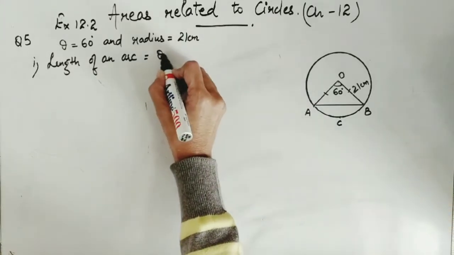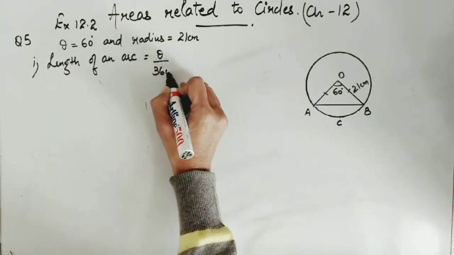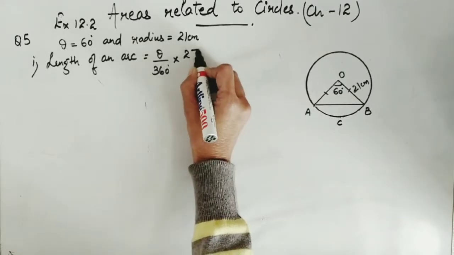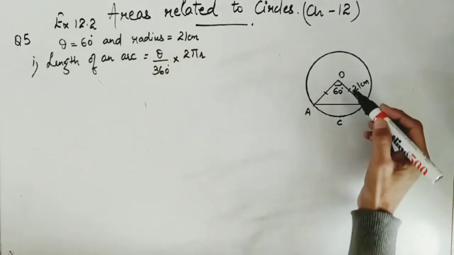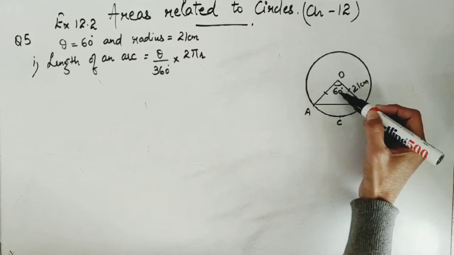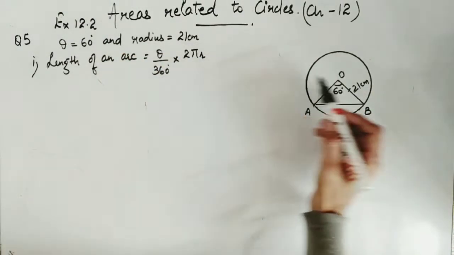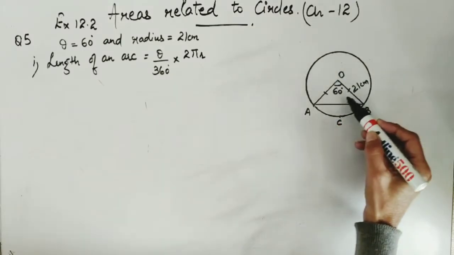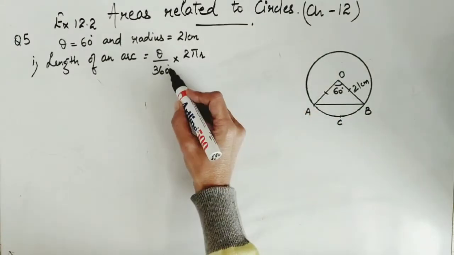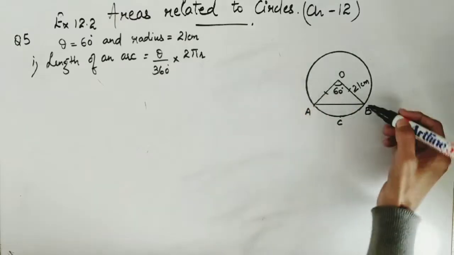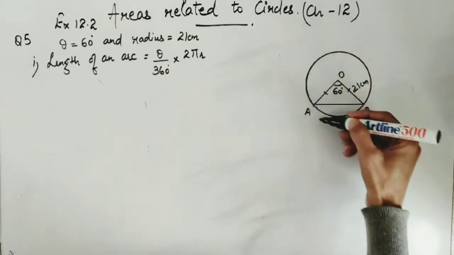Formula for this is theta by 360 into twice of pi r. Theta, which is the angle which is formed here, we will put the value 60 over here upon 360 because complete circle makes 360 degree angle, and twice of pi r is circumference of this circle.